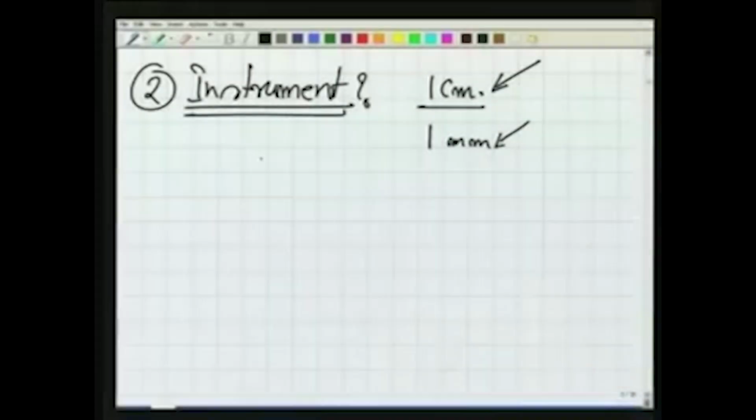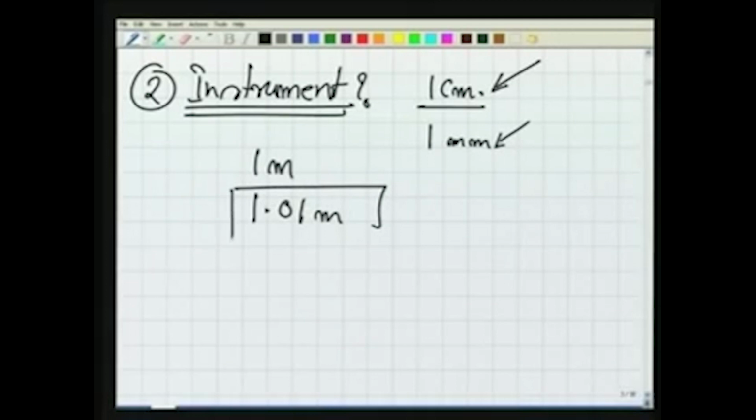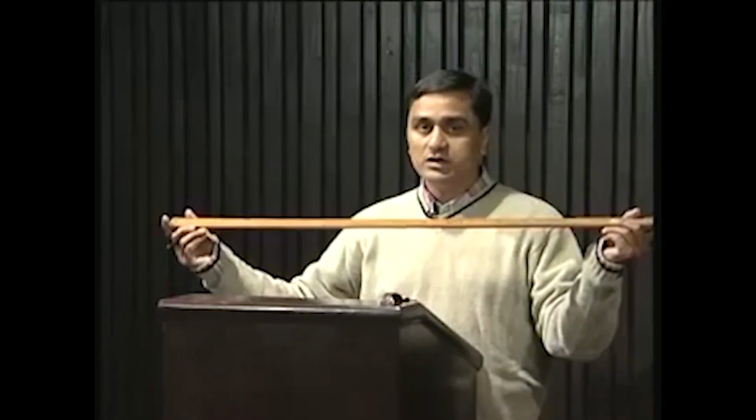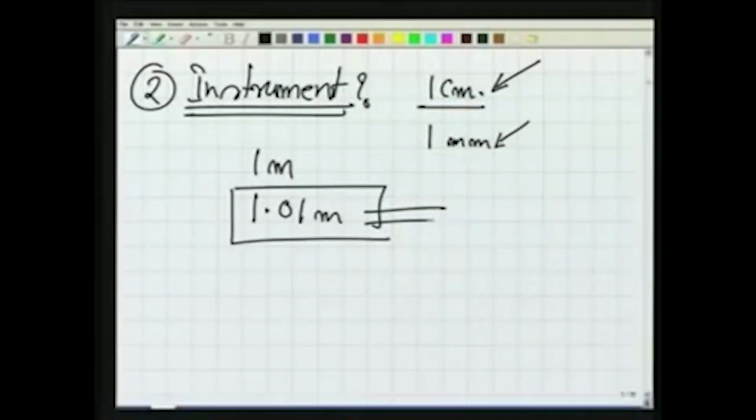If it says it is 1 meter, but when you measure it with some standard you find it is 1.01 meter, then we have some error included in our instrument, and in whatever length we measure with this ruler. The actual length of this is 1.01 meter, but we are considering it to be 1 meter.